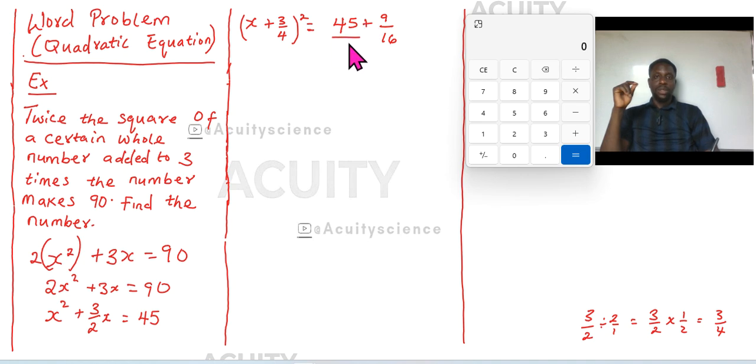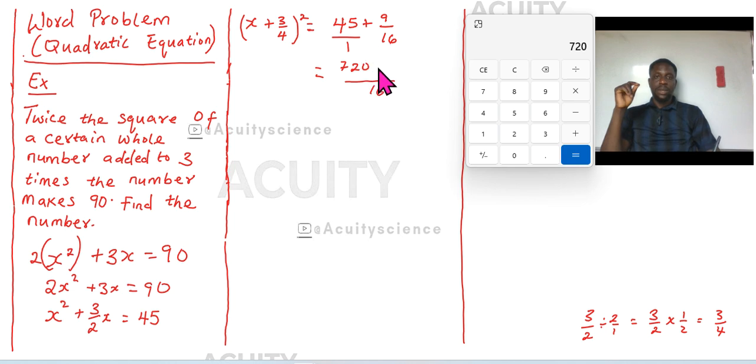So we want to have an LCM of 16. So 16 divided by 1 is 16 times 45. That is 720.